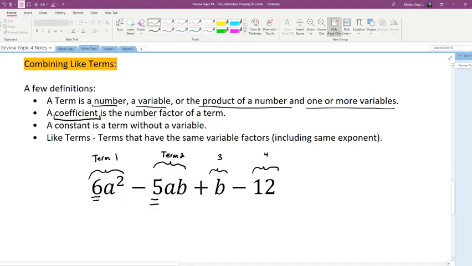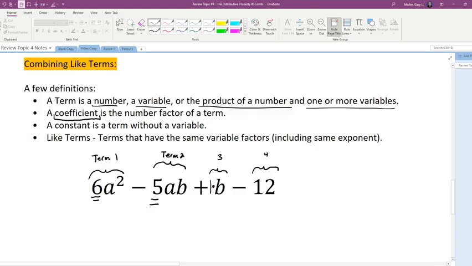The coefficient on the third term, and I want you to think very carefully about this because this is another thing that's going to come up all year long, and it'd be great if we didn't have to explain it every time. When we look at b, there is a number being multiplied by b, but since it's not there, we can imply that it is a 1. There's a 1 times b here, and the reason we don't see the 1 is because 1 times b is b.